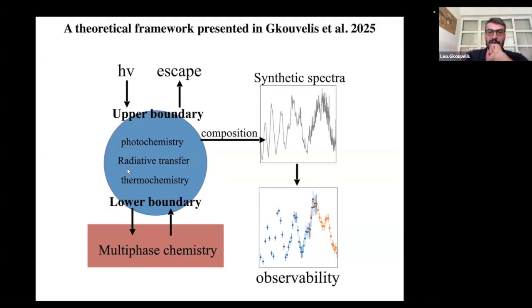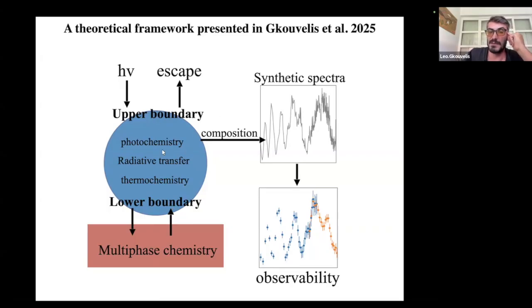The novelty in our framework is that we couple atmospheric processes. We try to do as detailed physics in the atmosphere as possible here. But the novelty is that we couple the lower and the upper boundary together. And this is actually not trivial at all, because imagine that the timescales are totally different.